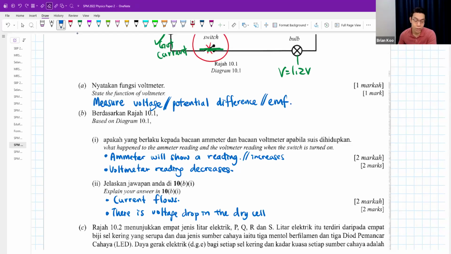Or you can talk about the internal resistance of the dry cell. Why will the voltmeter reading decrease? To overcome the internal resistance of the dry cell. Okay, can.